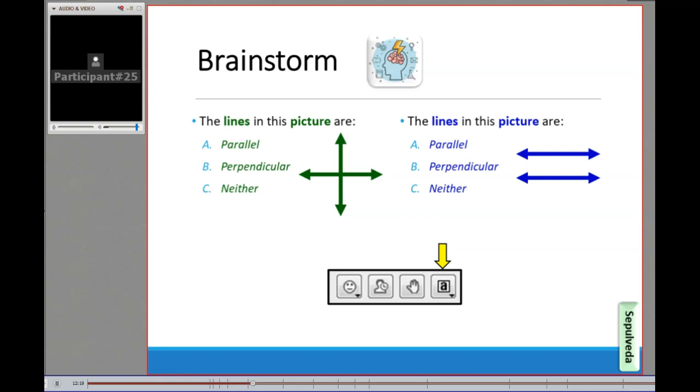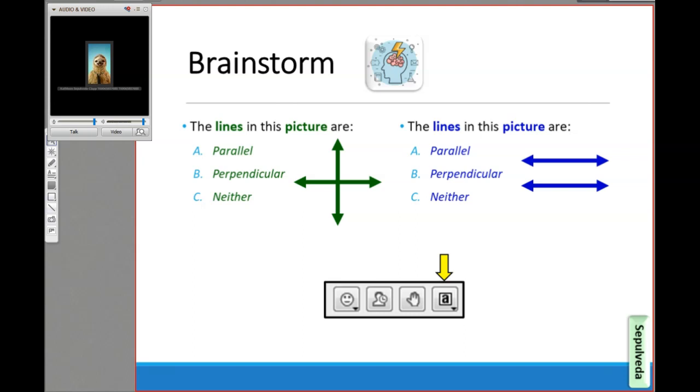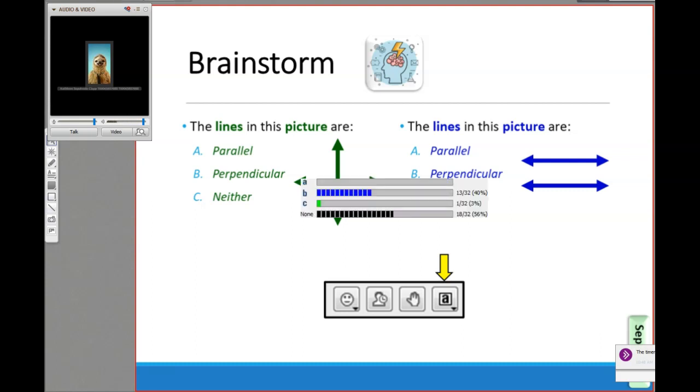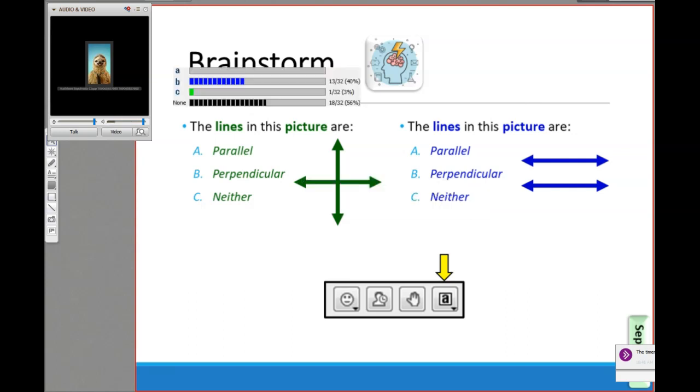Lock in your answers using your polling tools, either A, B, or C. I'm going to give you about 10 seconds to do this. Alrighty, I'm seeing those answers being locked in. Nice job, everybody. Times up. I'm going to publish our results here. Unanimously, I would agree that our answer is B.